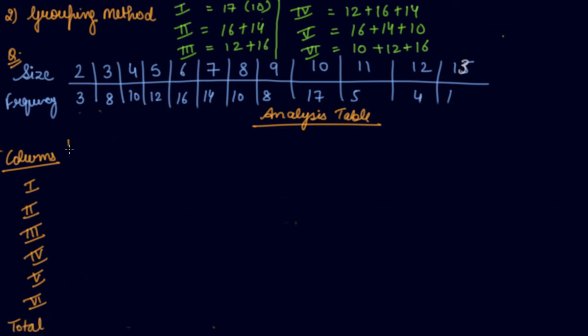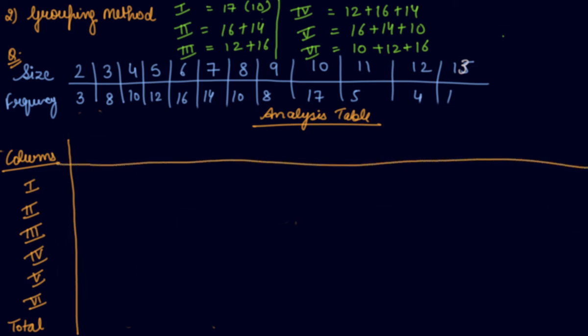The columns you made in the previous grouping table are 6 columns. Now on the horizontal side, we will write the sizes, that is 2, 3, 4, 5, 6, 7, 8, 9, 10, 11, 12, and 13. We have written these sizes here.